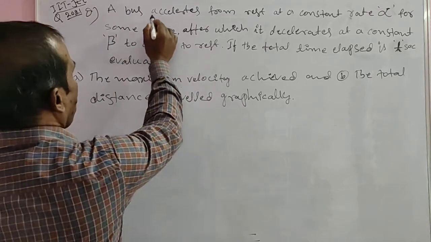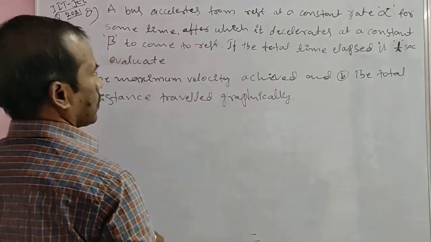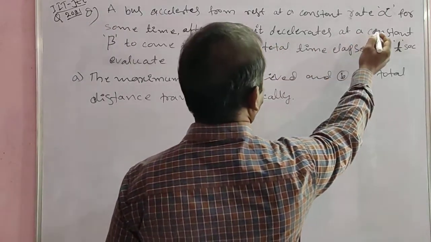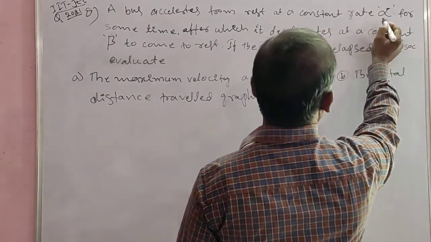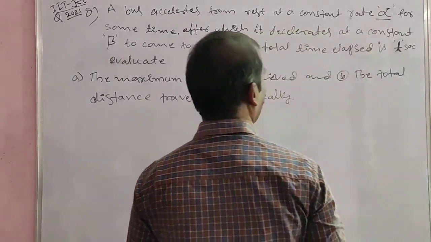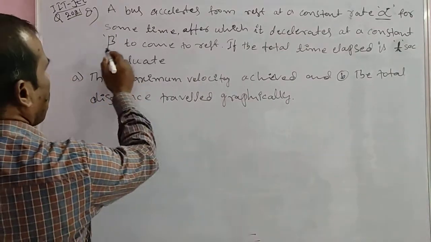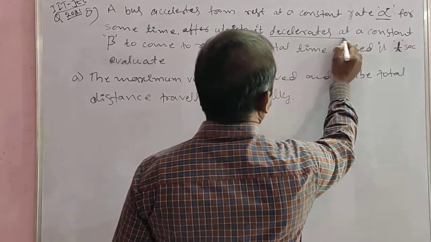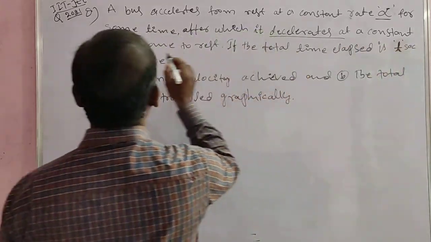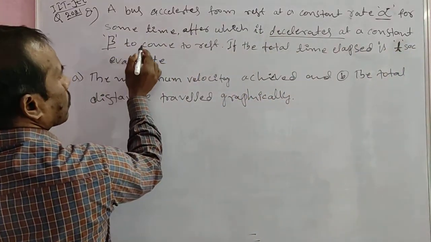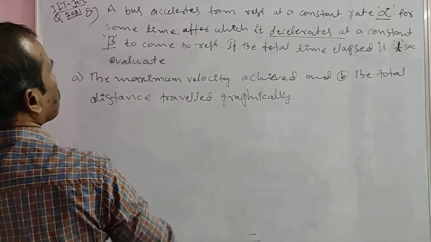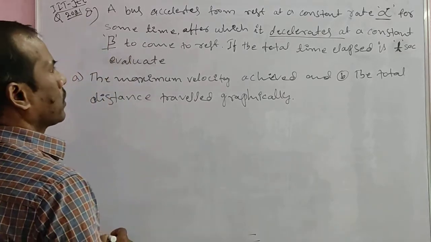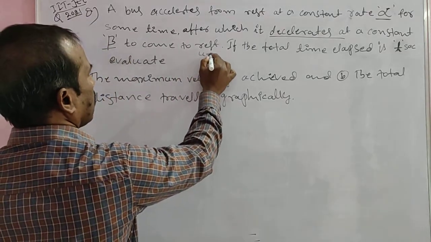A bus accelerates from rest at a constant rate alpha for some time, after which it decelerates at a constant rate beta to come to rest finally.